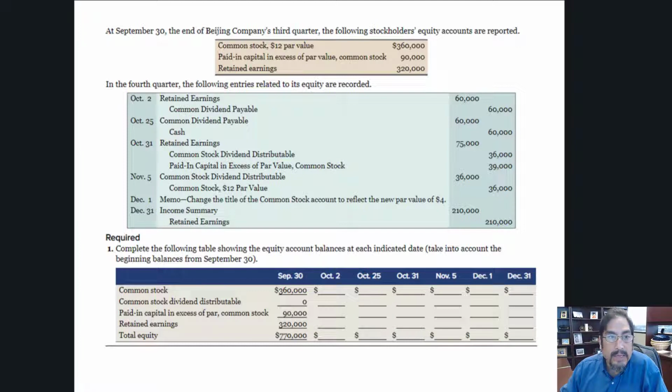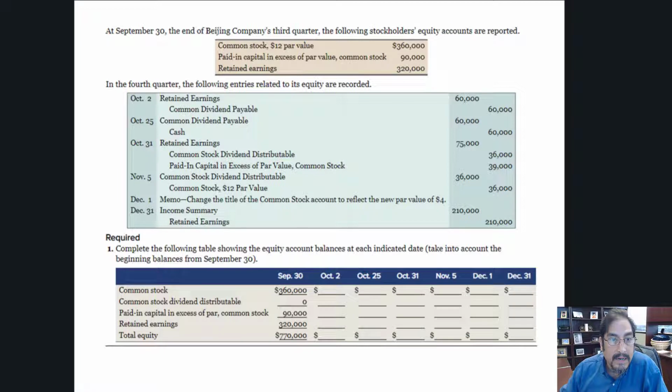Looks like we declared and then paid a dividend on the 2nd and 25th. It looks like we declared a stock dividend on the 31st and paid it on November 5th.